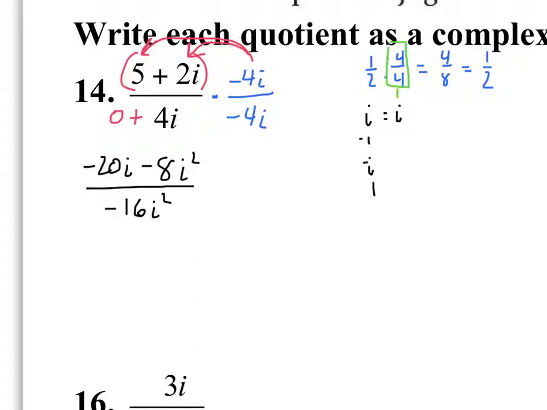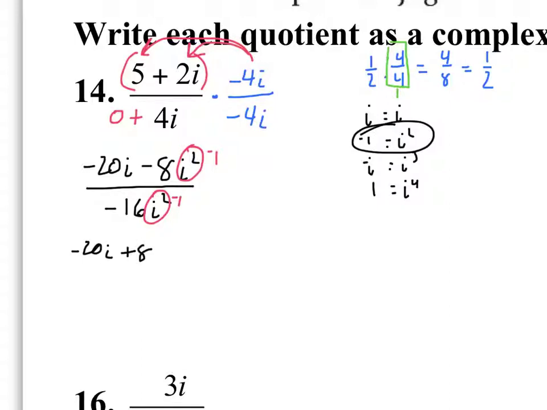That gives us i squared, i cubed, and i to the 4th. We're dealing with i squared. i squared is negative 1. So we have negative 20i plus 8 over 16.